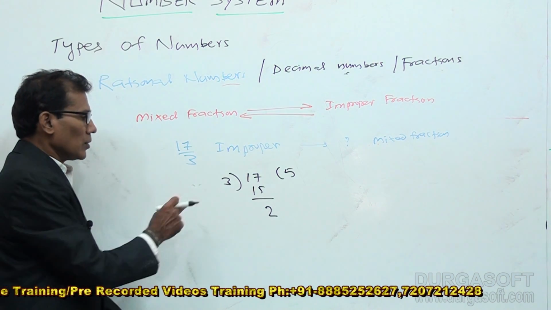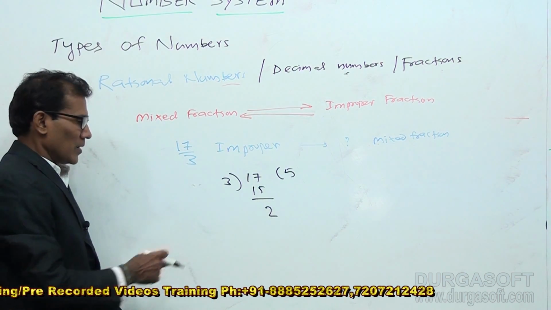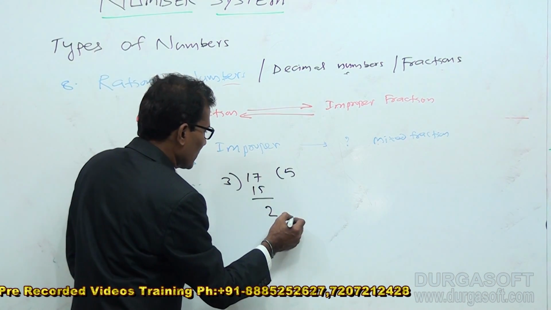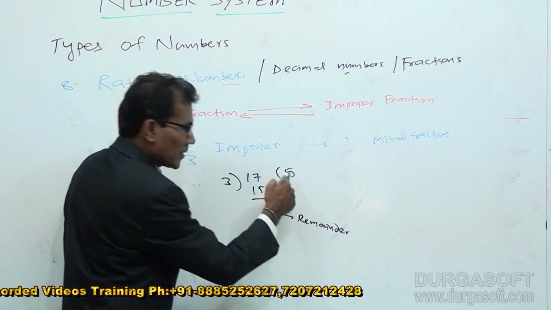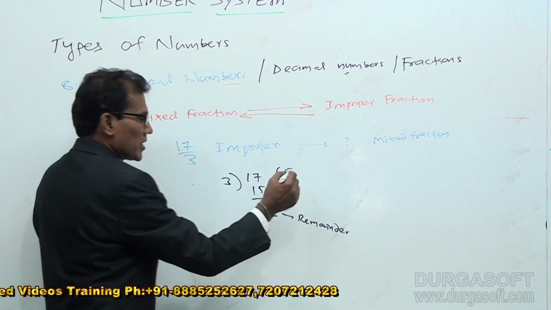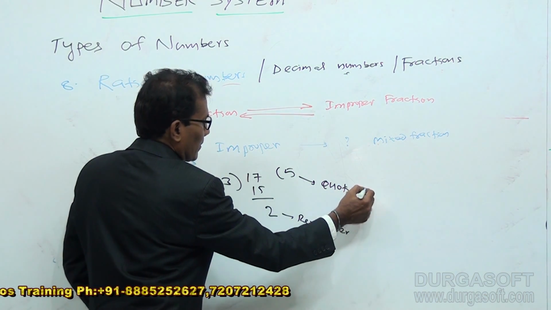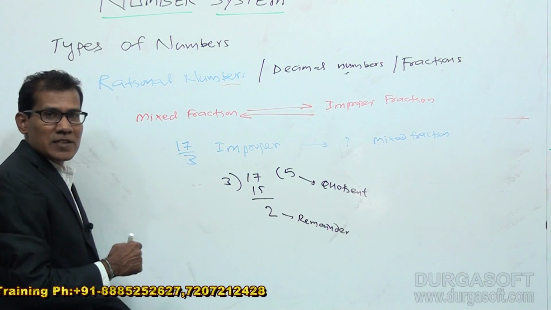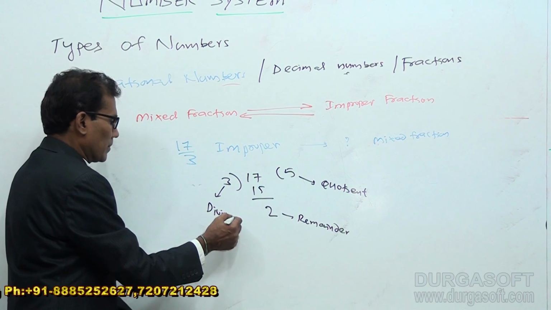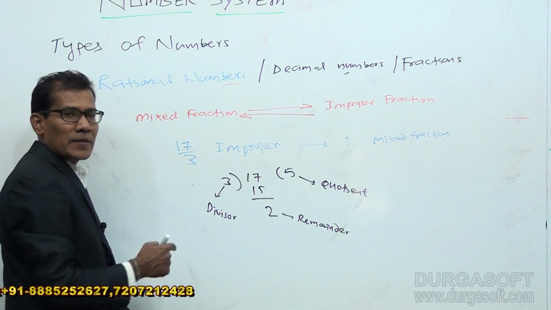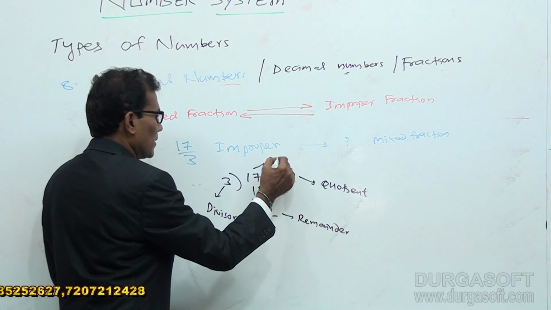At least we should know what this 3, 17, 5 and 2 are called. We know this 2 is called the remainder, and this 5 is called the quotient, and this 3 which is dividing is the divisor, and this 17, the number which we are dividing, is called the dividend.